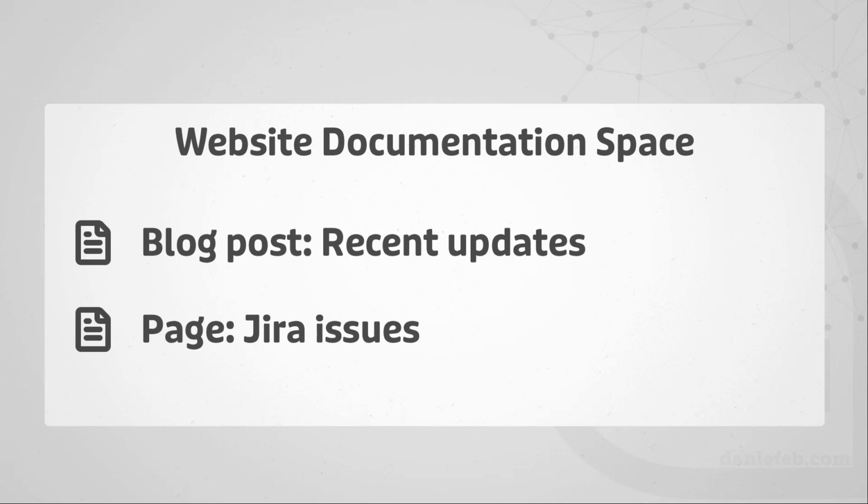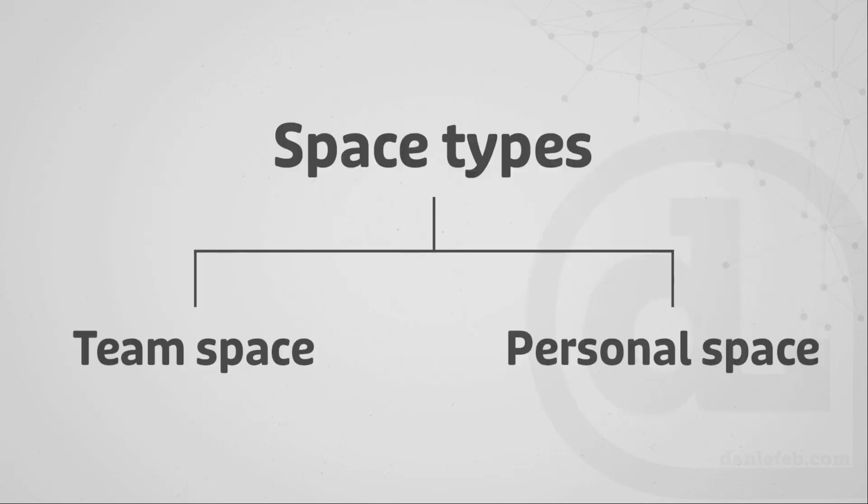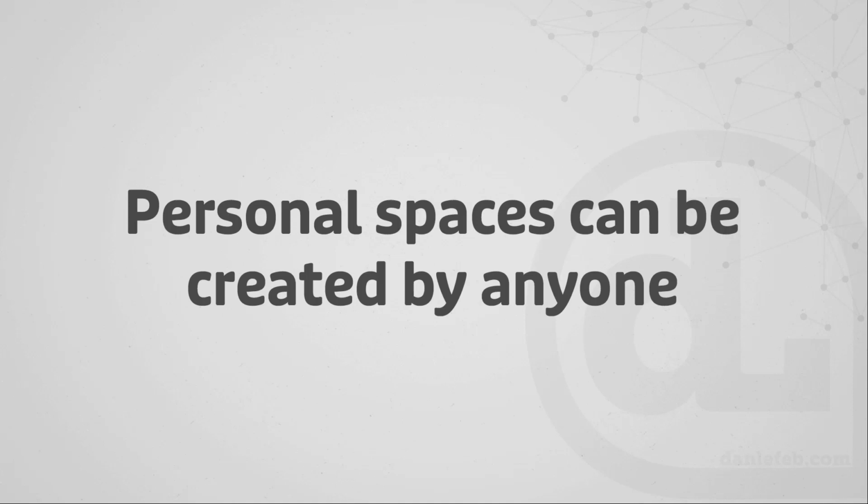Now, inside of Confluence, there are two types of spaces. There are team spaces and personal spaces. Confluence lets us create a personal space that each user has full control over. They can be a great way to keep track of tasks we need to get done. A common use that I've seen a lot of colleagues use personal spaces for, almost as their own personal staging area for items that they're working on.